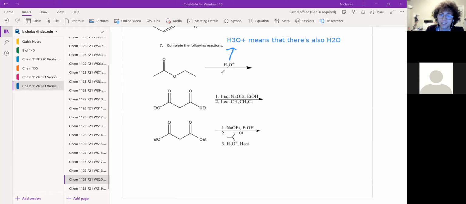So we're basically adding water and acid to the ester. And remember, if you add water and an acid catalyst or a base catalyst to a carboxylic acid derivative, you get a carboxylic acid. We're doing hydrolysis. You also get an alcohol here, but the carboxylic acid is the main thing you're looking for, probably. So just a bit of review there.